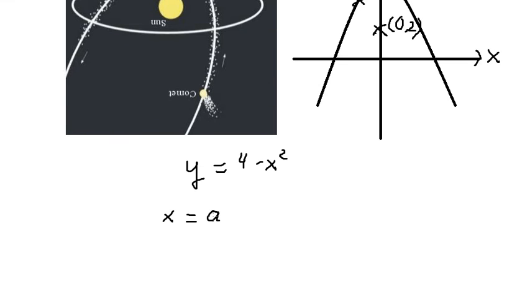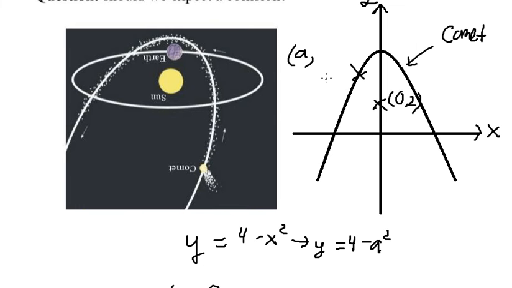Because x equals a, we can put a here, and we get y equals 4 minus a squared. So here we have 4 minus a squared. We want to find the distance between the comet and the Earth. To do this, we have the formula of the distance.